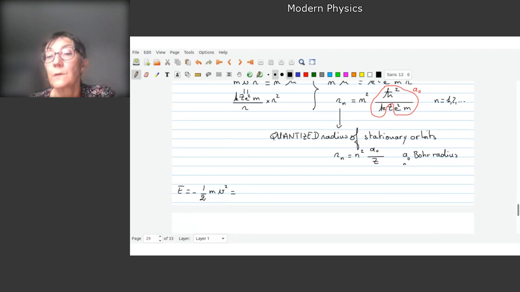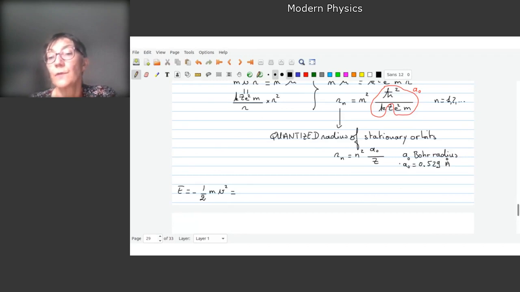A0 is equal to this one, we know the value, and it is equal to 0.529 angstrom.